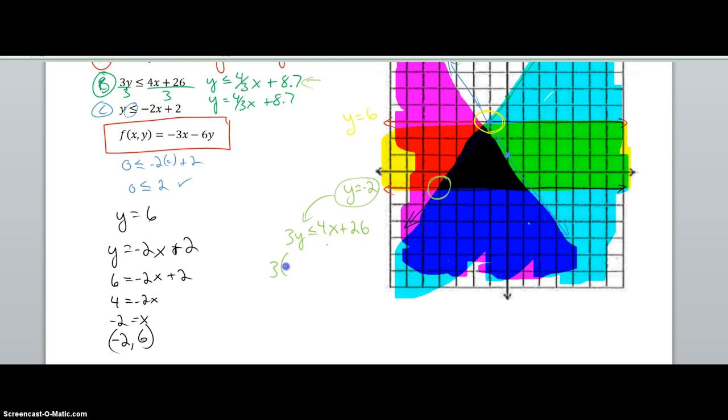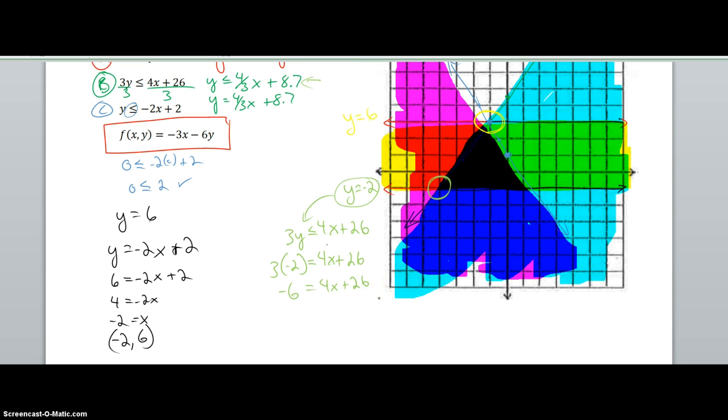So 3 times negative 2 is equal to 4x plus 26. Don't be confused because I changed this to equals, because remember our inequality tells us which area to shade. This is still the same line. So I have negative 6 equals 4x plus 26.